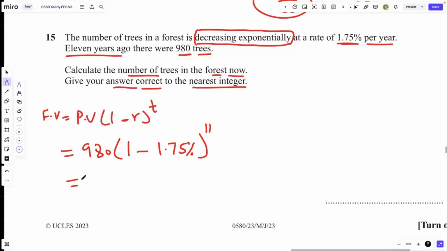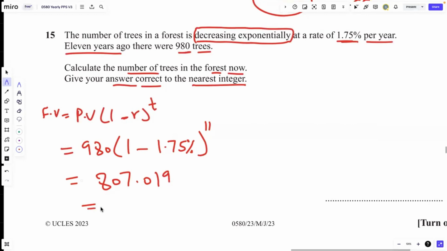So it's 980 bracket open 1 minus 1.75% close bracket, to the power 11. We get 807.19, but we're supposed to round it to the nearest integer, so it's just going to be 807.